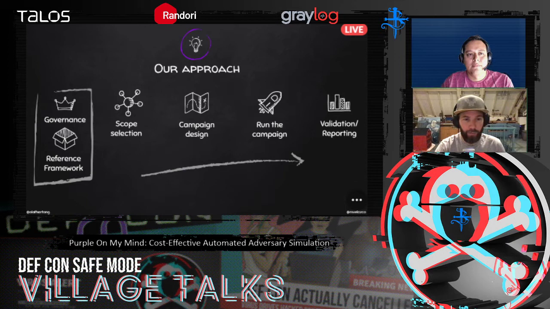And then we move a little bit more towards the execution part. So we need to have a scope. This scope selection phase has two crucial points. You need to know which systems, which can be an office in Singapore or the US, workstations, servers, you can figure that out.